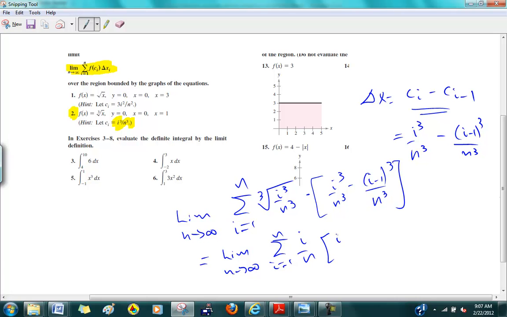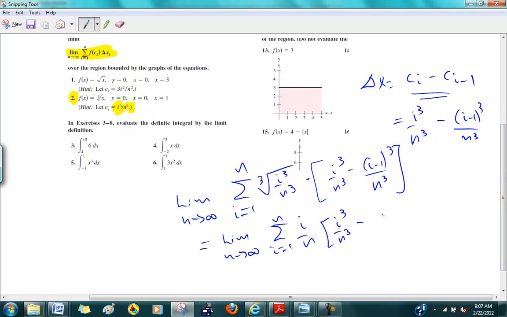And now what you've got to do here is FOIL this stuff. So this is why you were asking me yesterday for (a minus b) cubed. Okay, so that's i cubed minus 3i squared plus 3i minus 1, and all this is over n cubed.